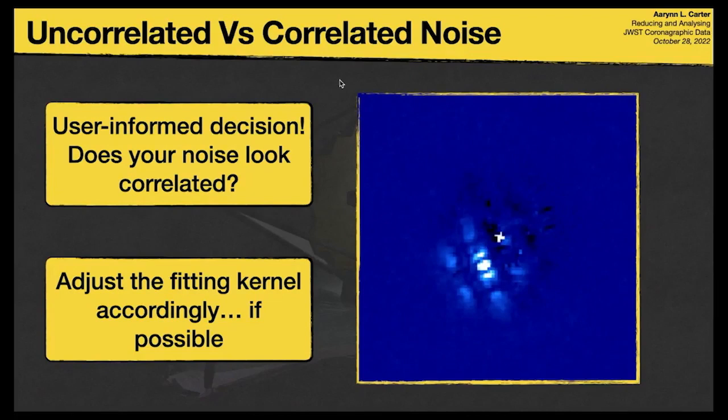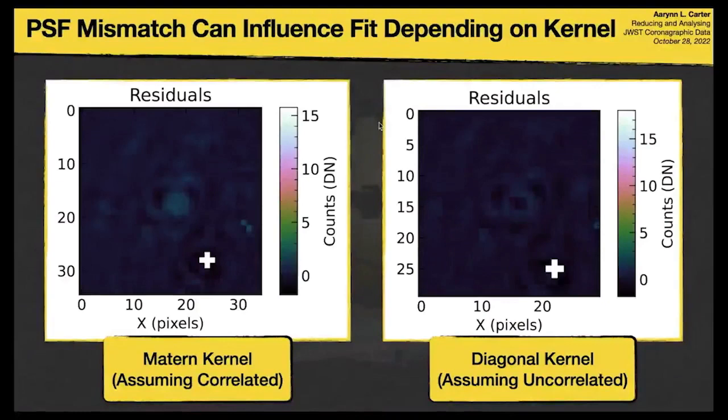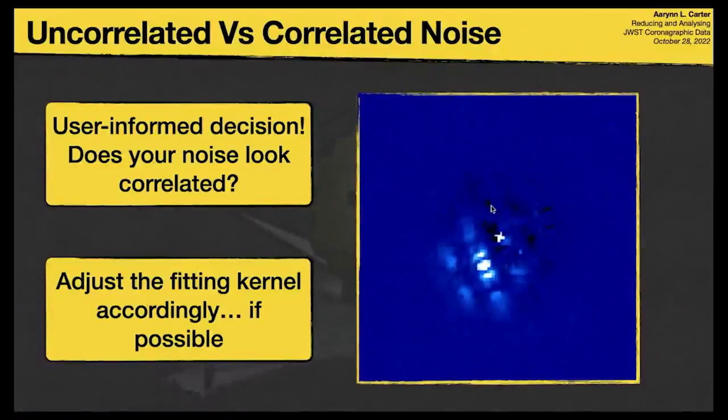So what we've found is that if we assume the correlated noise for the NIRCam images, where we do definitely think we see correlated noise, and you can see this in this image here, you're getting dark blobs, you're getting brighter blobs here, and it looks like there's some substructure here. So the noise is somewhat correlated spatially.